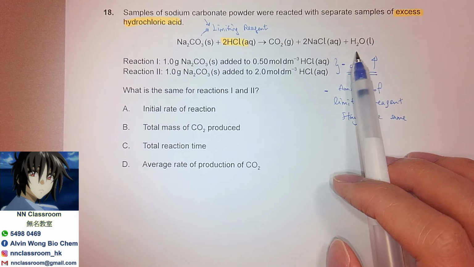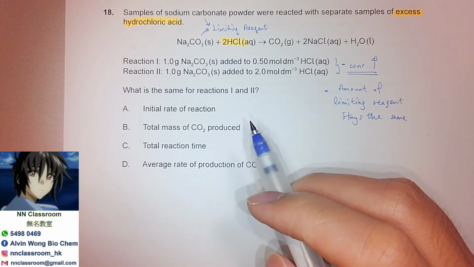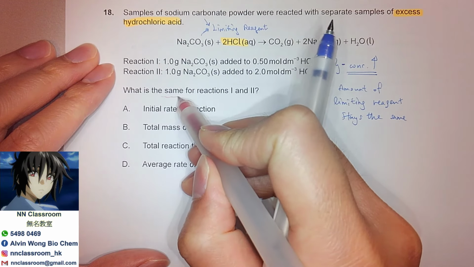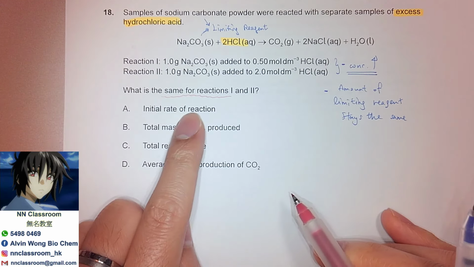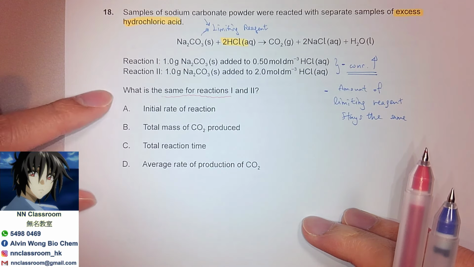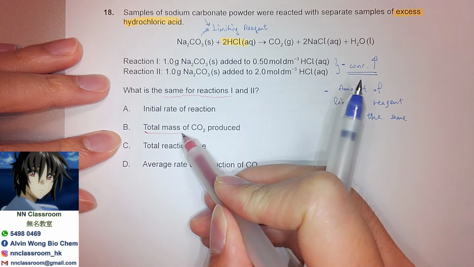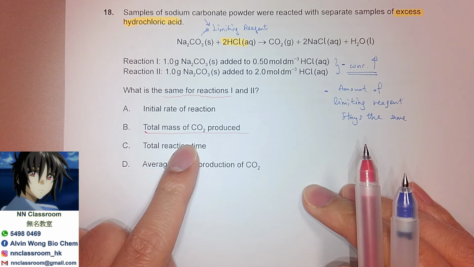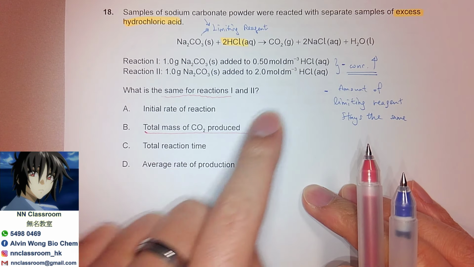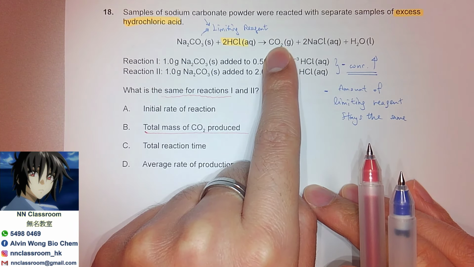So if they're asking what will be the same for the reaction, I use a red color for same for the reaction, which means all the things about stoichiometry at the final step. In this case, the mass of the CO2, something to do with stoichiometry, will stay constant.